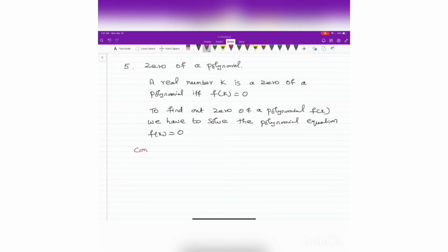Consider, find the zeros of the polynomial p of x is equal to 2x square minus 8x plus 6.